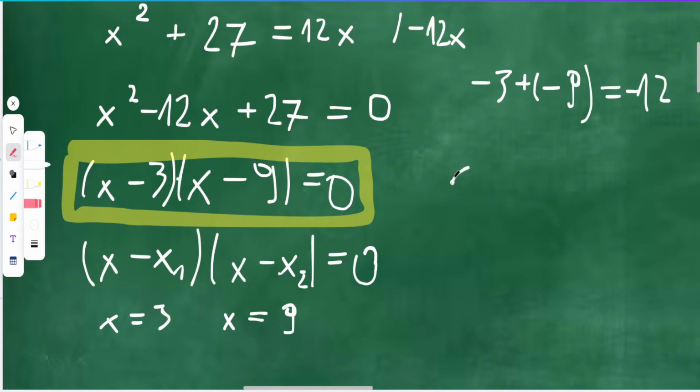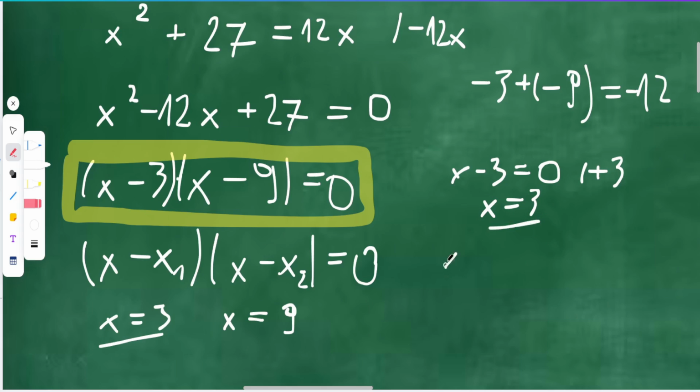So let's calculate x minus 3 equals 0. Let's add 3 on both sides, and we have our first result. Let's equate the second bracket to 0 because we suspect that it can also be equal to 0. On both sides, let's add 9, and we get 9.